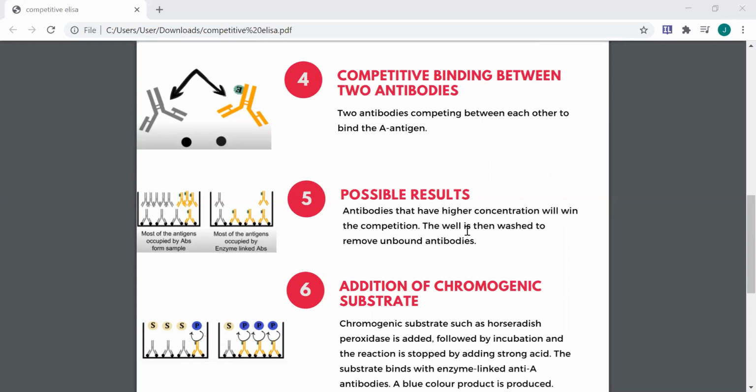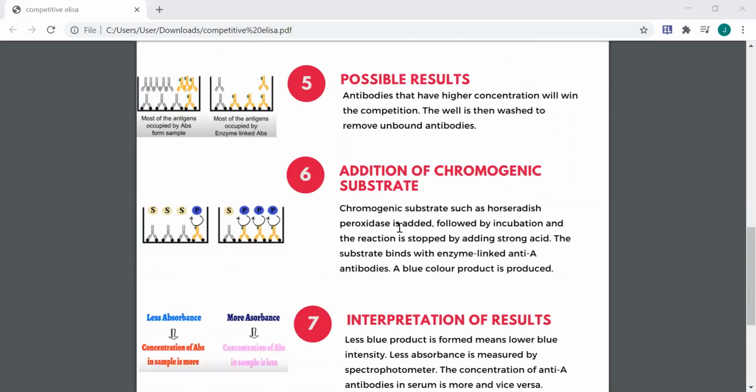And then the well is washed to remove unbound antibodies. Okay, next. After that, we want to know how to measure, right? So we add the chromogenic substrate, which has been mentioned just now.